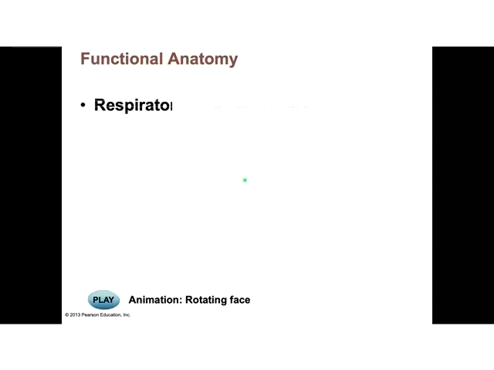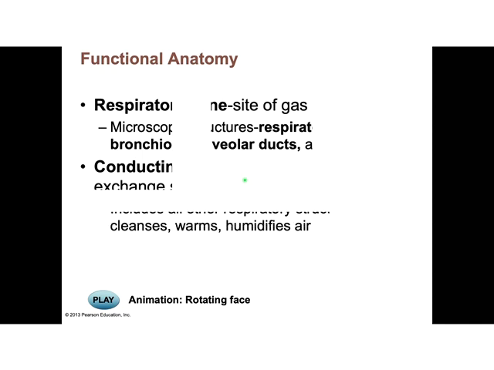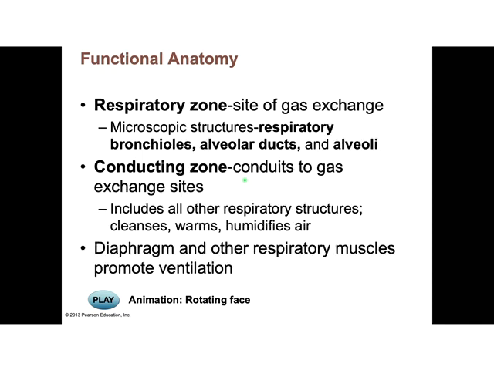Okay. The respiratory zone comes after the conducting zone. The conducting zone gets the gas down into the respiratory zone, and that goes from the nose all the way to the terminal bronchioles, and its purpose is to treat the air, right?